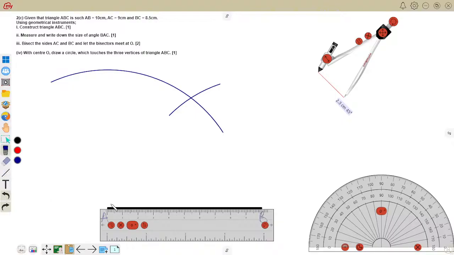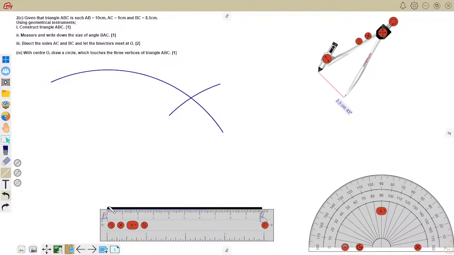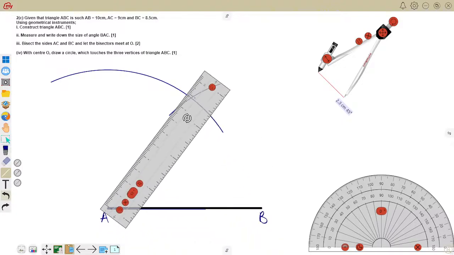Okay, so I'm going to draw a line. I don't know what is happening with me. This one is trying to let me down. If it's trying to misbehave, let me use the ruler, even if it takes time.